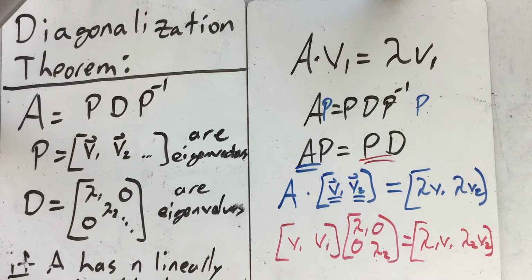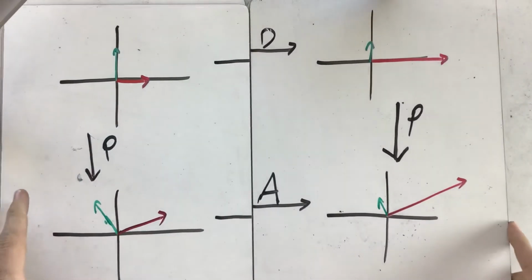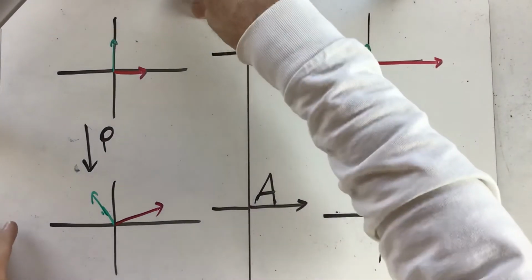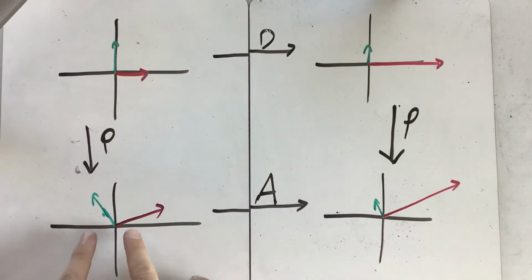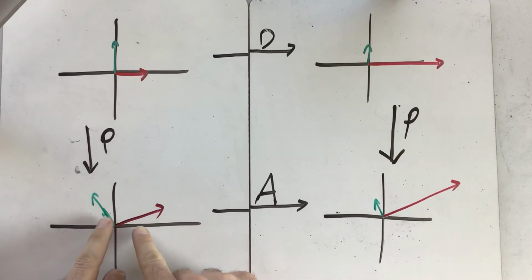But there's a geometric way to think about this, and I think the geometric way is super valuable. So let me pull out my picture that I drew before we started and hope that it makes a little bit of sense. Well, if these two vectors, my red one and my green one, are my eigenvectors, then normally what would happen is those eigenvectors would just get stretched.